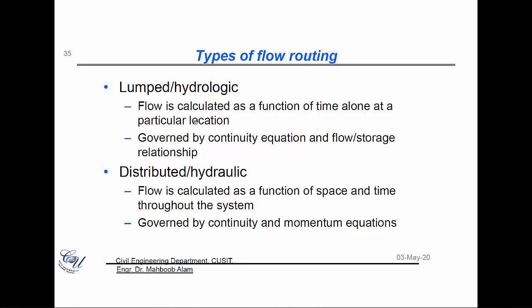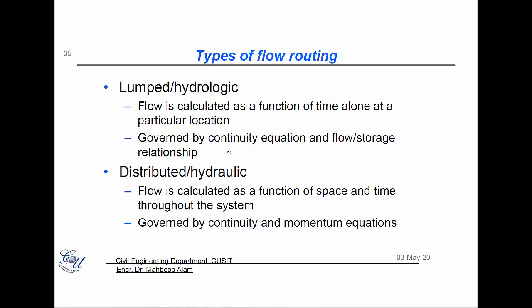So with respect to time, we would say that the flow at this time is this much, and the flow at another time is that much, at one particular location. Let's say you are standing at point A, you have a hydrograph, and using hydrologic routing you can say that in 3 hours the hydrograph would look like this at this particular location.